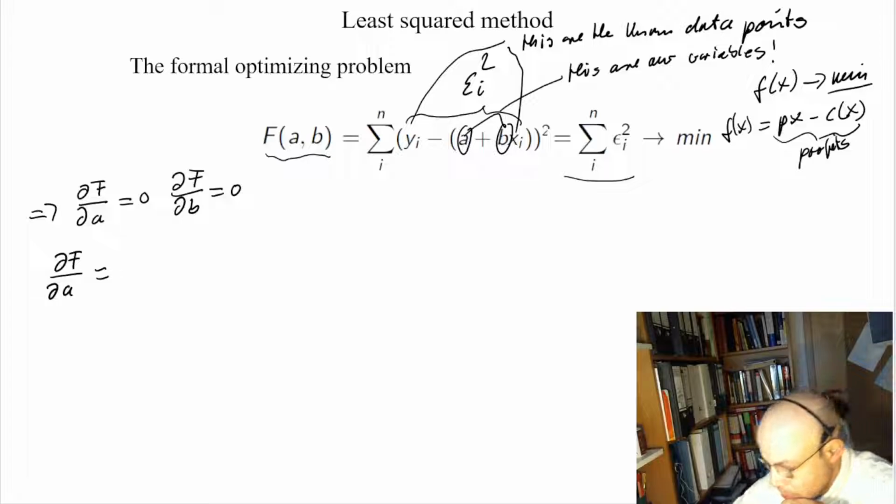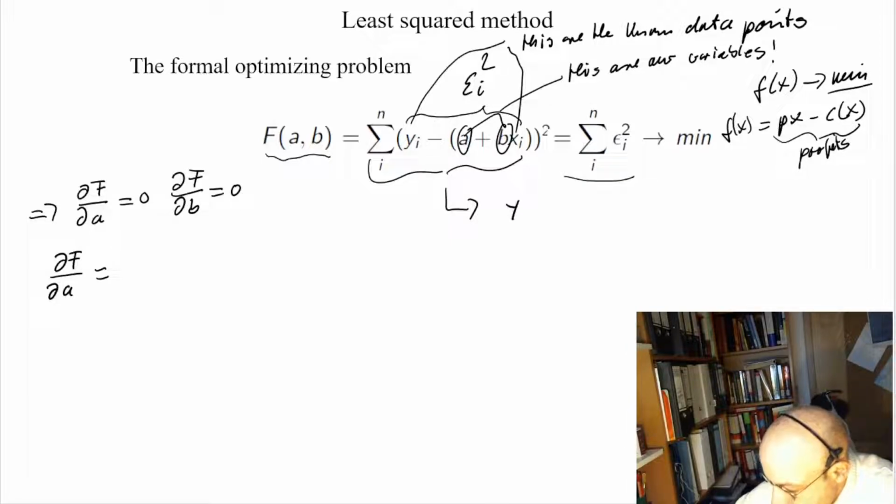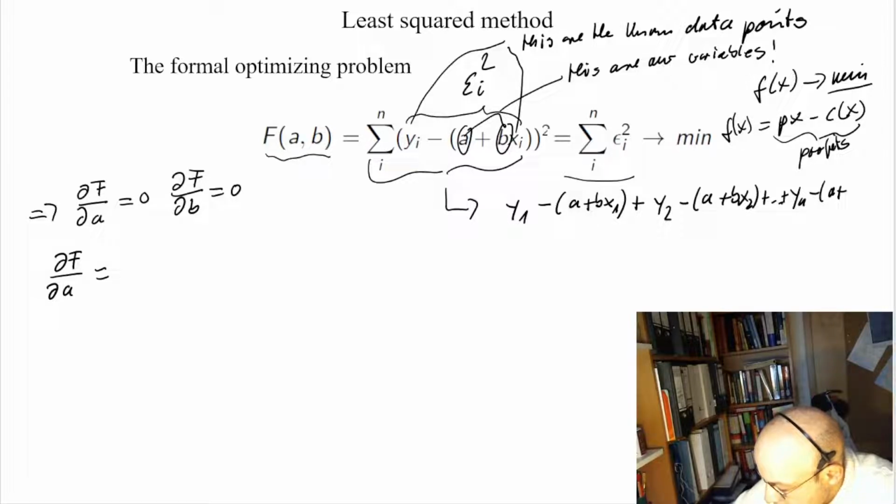Well, this looks maybe a bit complicated, but if you just think of how this sum looks like, then this is y1 minus (a plus b x1), plus y2 minus (a plus b x2), plus yn minus (a plus b xn), and all this of course squared.